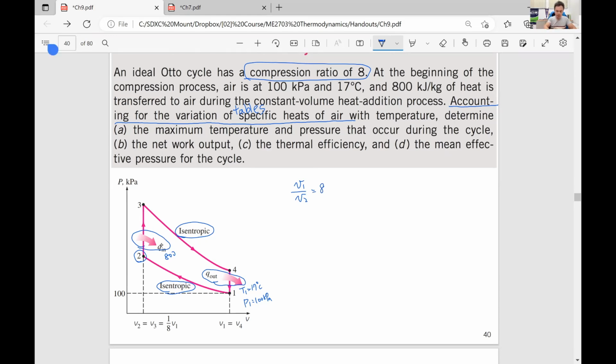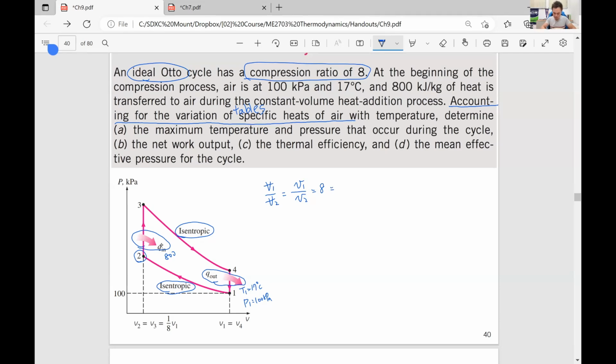Don't forget, this is an ideal Otto cycle, so it's executed in a piston cylinder device, which is a closed system. That means the mass is a constant, so the volume ratio is the same as the specific volume ratio. Compression ratio is supposed to be volume 1 over volume 2, but it will be the same as the specific volume ratio, V1 over V2, which is 8.